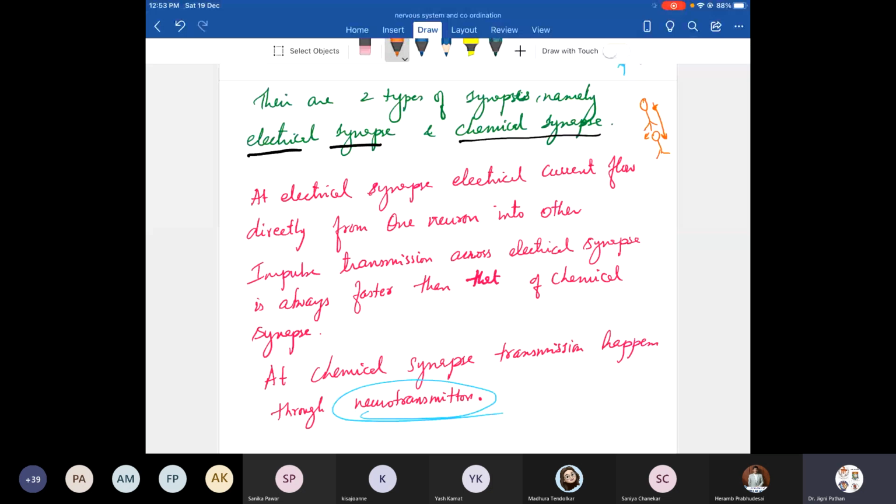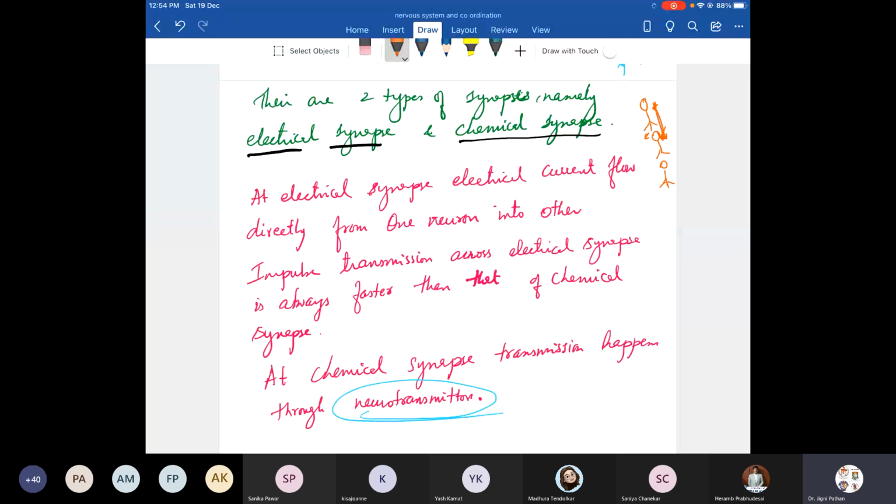It's a direct transfer. That is called electrical synapse. Impulse transmission across electrical synapses is always faster because there is no carrier. It goes directly from one neuron to the other, to the third, to the fourth, like that.